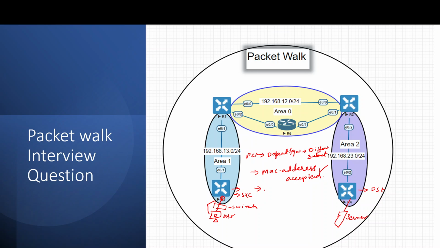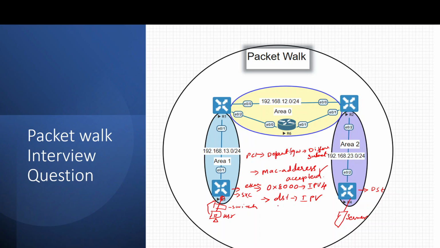Once it accepts the packet, it will check the Ethernet header to see what type of packet it is. If it is 0800, then it is an IPv4 packet. In case of IPv6, this will change, it will be there in the Ethernet header. Then it will de-encapsulate to find the destination IPv4 address.